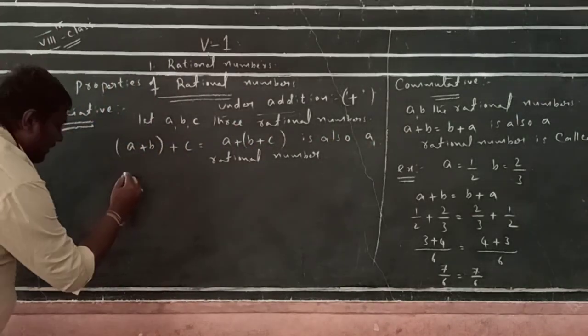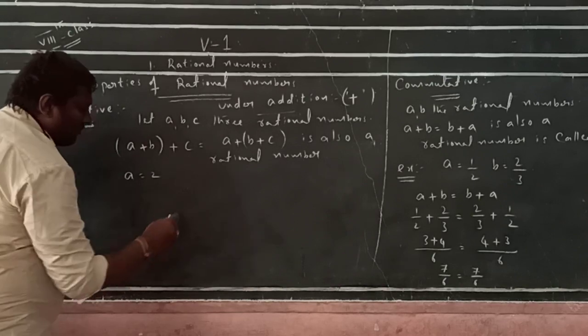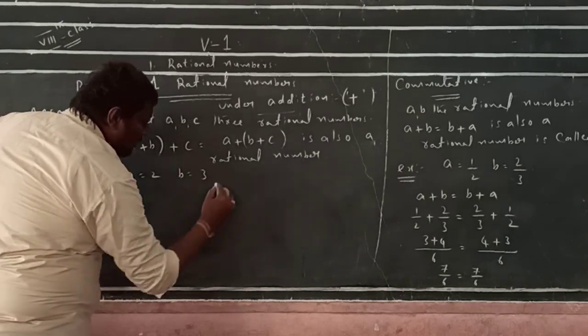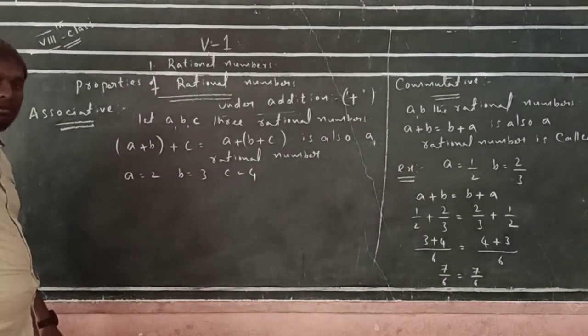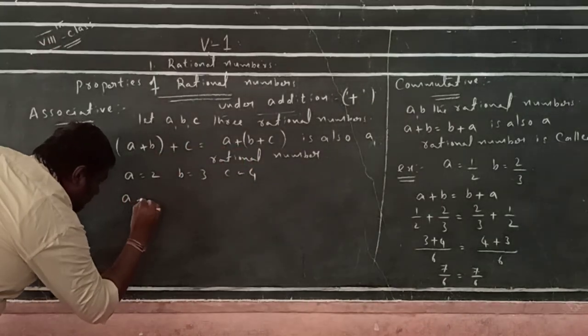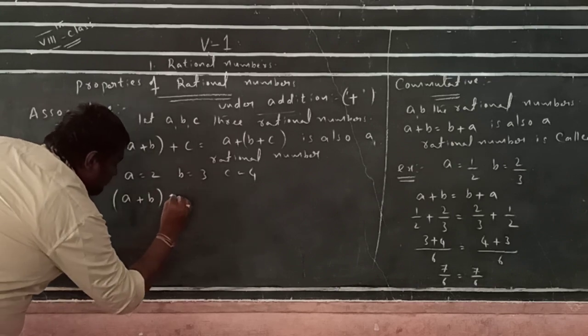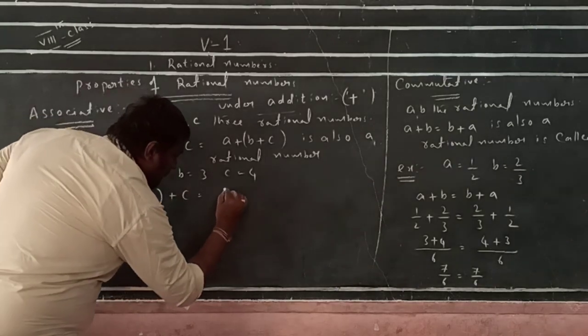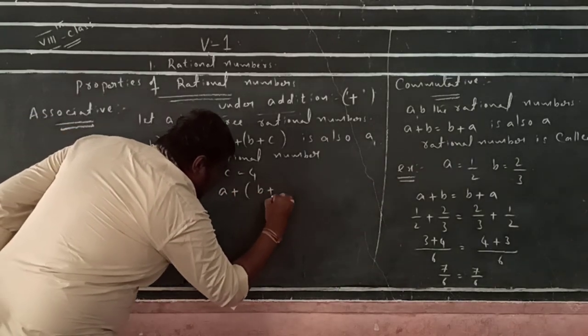For example, we take A value is 2, B value is 3, C value is 4. You can apply this condition: (A plus B) plus C equal to A plus (B plus C).